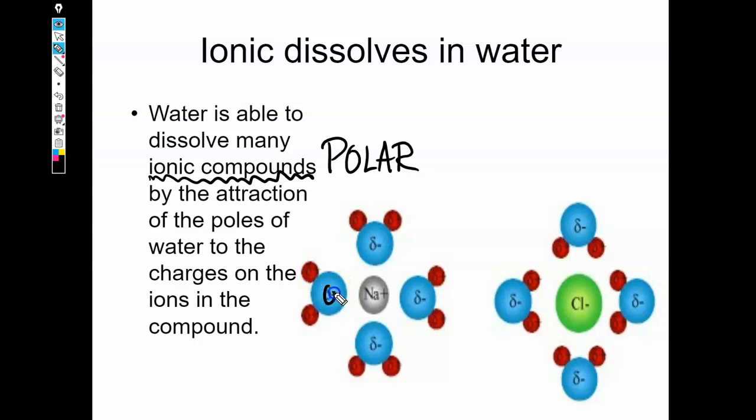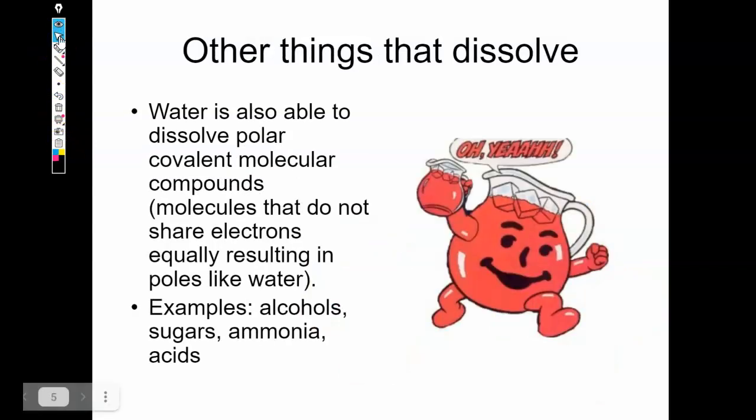So the negative oxygen side of water is going to attract the sodium, the positive ion, whereas the positive hydrogen side of the water is going to attract the negative chlorine of sodium chloride. So the charges in ionic compounds make them able to dissolve in water.